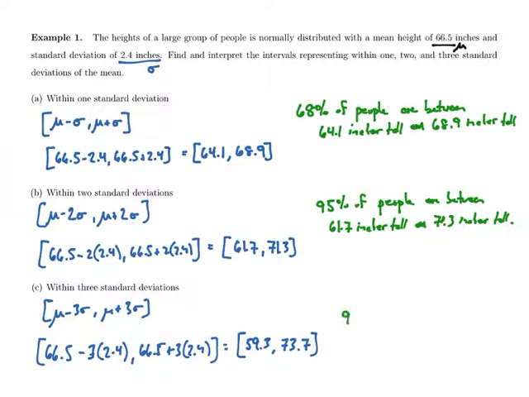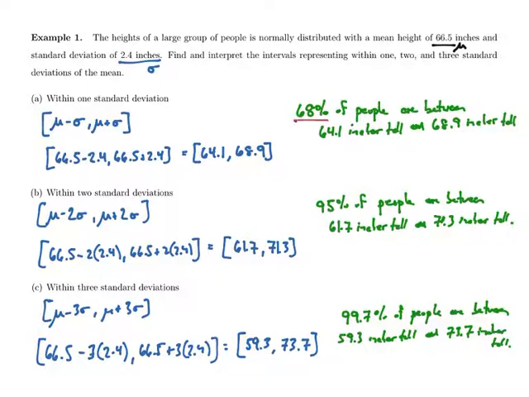And that means that 99.7% of people are between 59.3 inches tall and 73.7 inches tall. And this is our 68, 95, 99.7 rule.